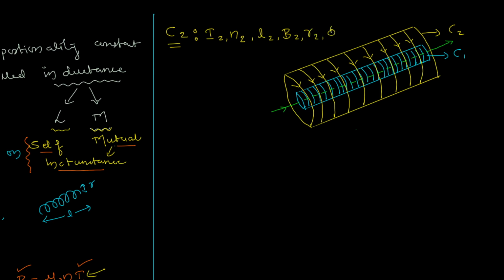The flux through the second coil, let it be phi2. And the same for the first coil: I1 and N1, L1 is its length, B1 is its magnetic field, R1 is its radius, and phi1 is the flux through the first coil.